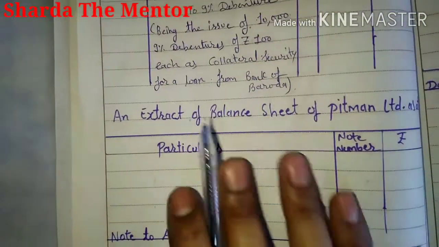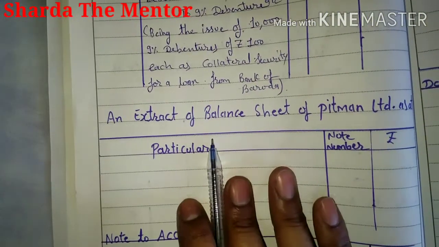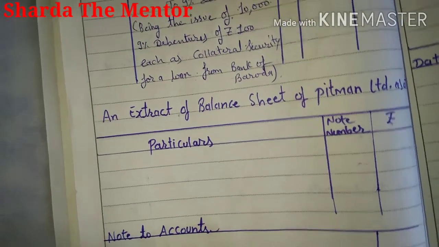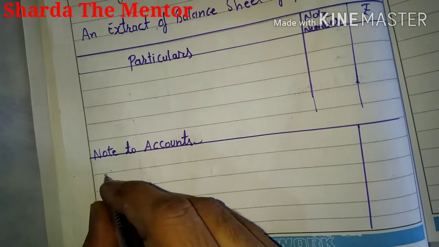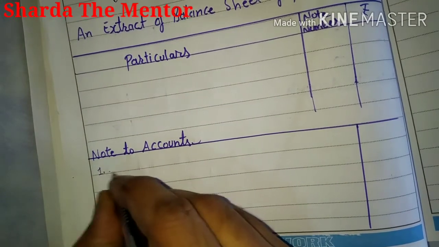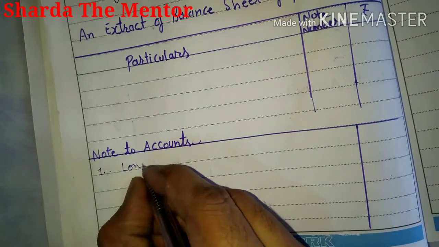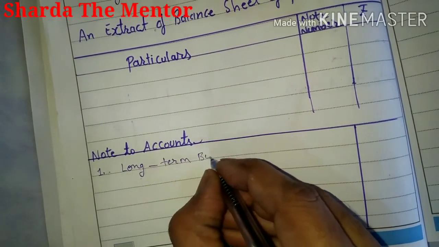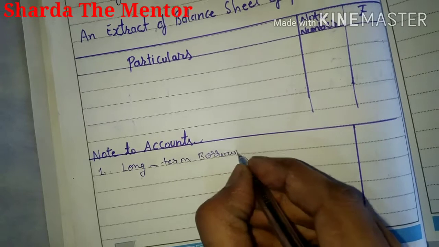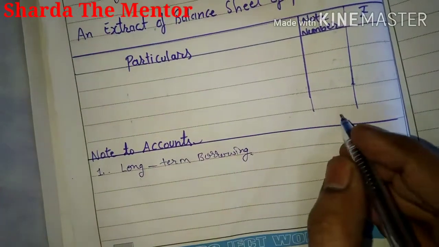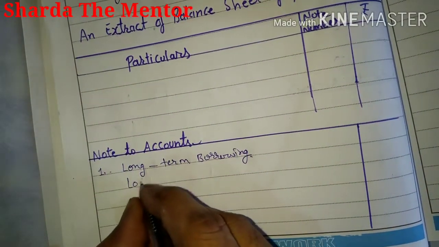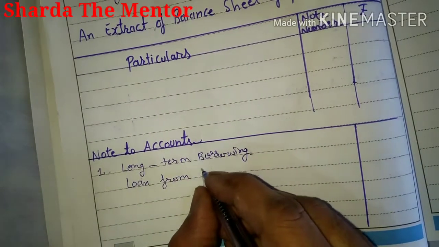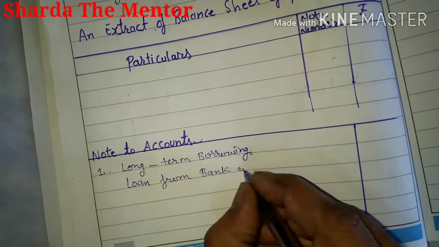Now again, that is the extract balance sheet that I already explained. Now in the note to accounts you have to mention: the first thing that we already know is that debenture comes under long term borrowing. So you will mention here long term borrowing. Loan from, similar to the earlier method, loan from Bank of Baroda.